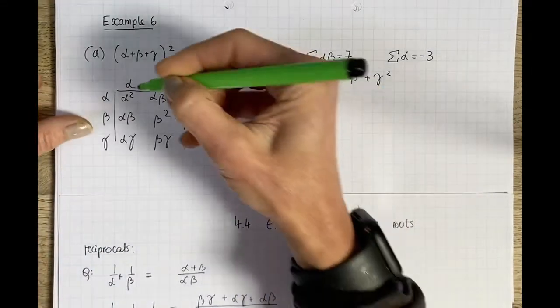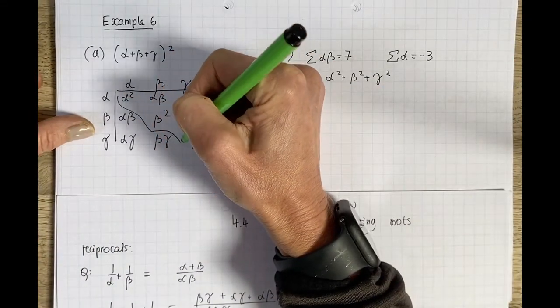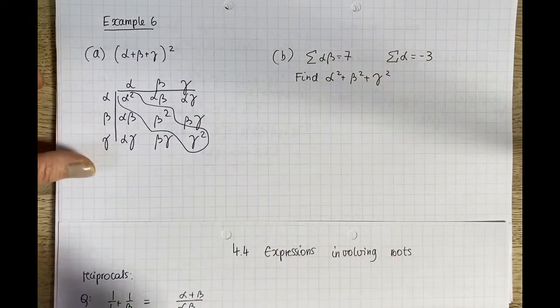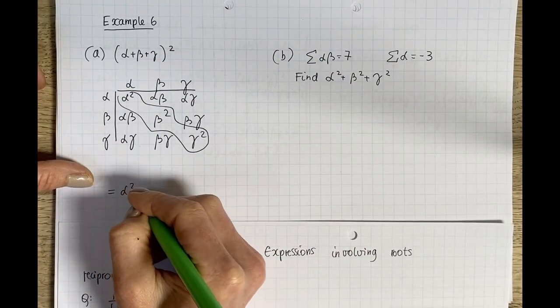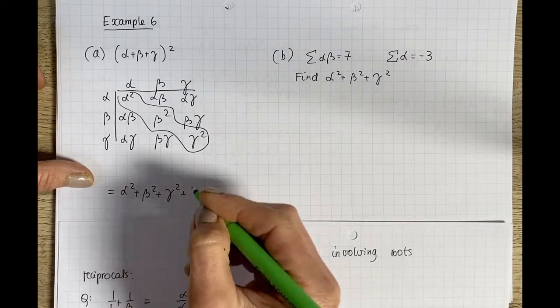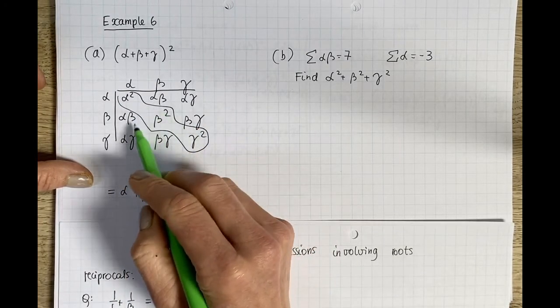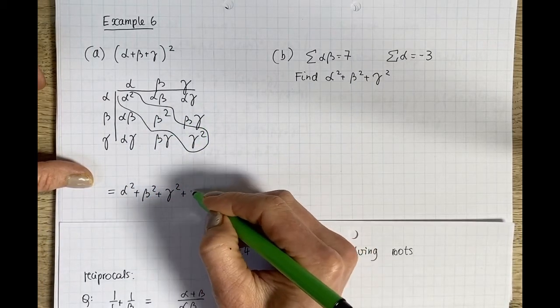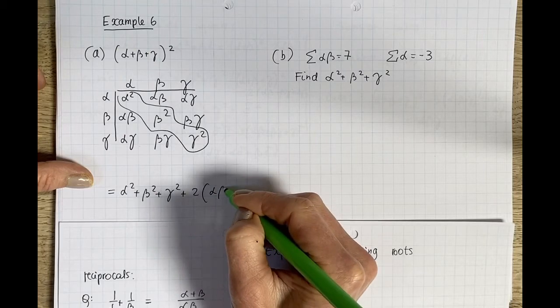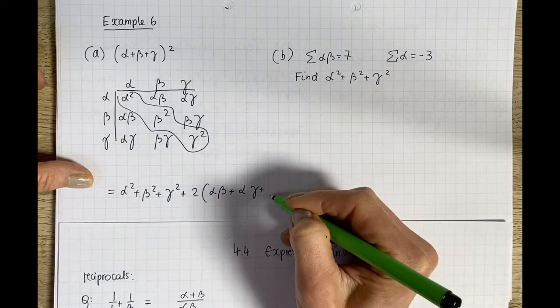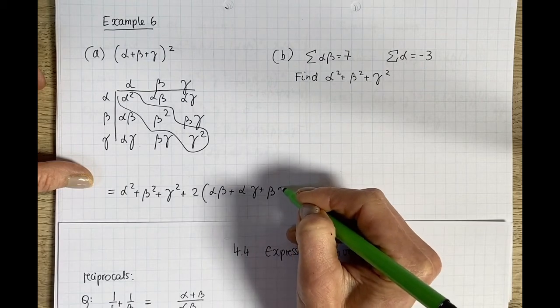And you can see that here we've got alpha squared plus beta squared plus gamma squared, plus you're going to have 2 alpha betas, 2 alpha gamma, and 2 beta gamma. So 2 lots of alpha beta plus alpha gamma plus beta gamma.